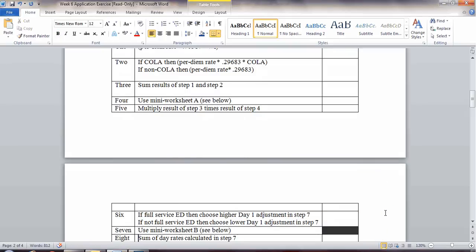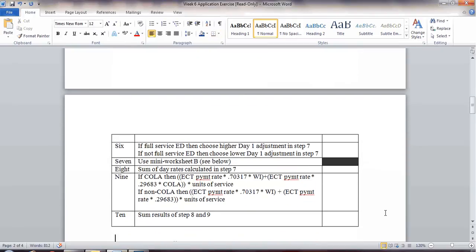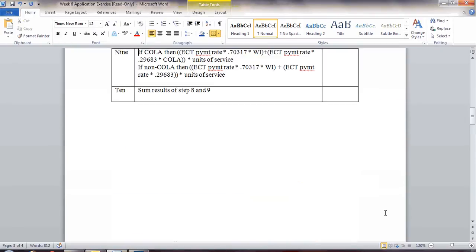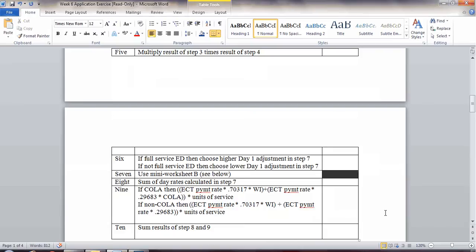Okay, step 6, we are asked if this facility has a full-service emergency department. Again, we learned this status in the Figure 1 with the facility information, so we do know that it is a full-service ED.